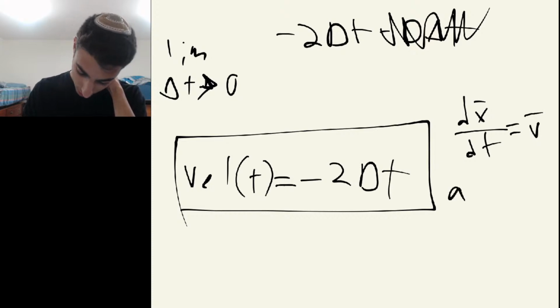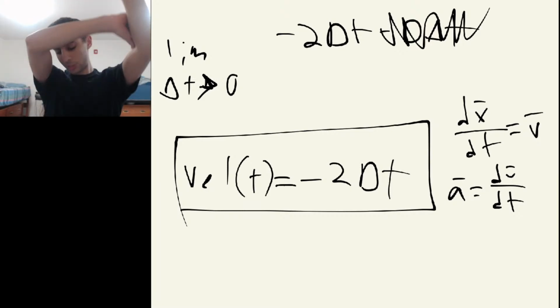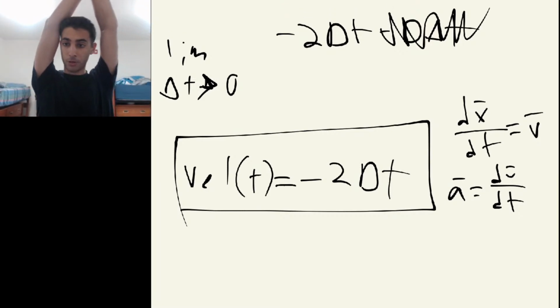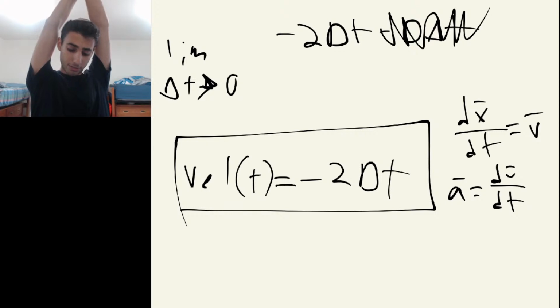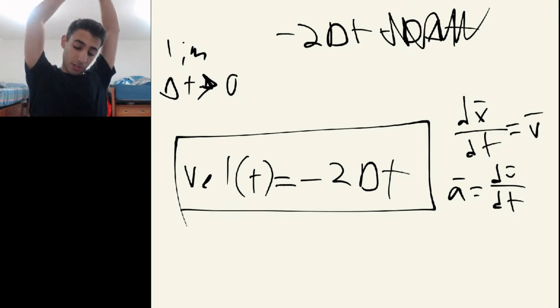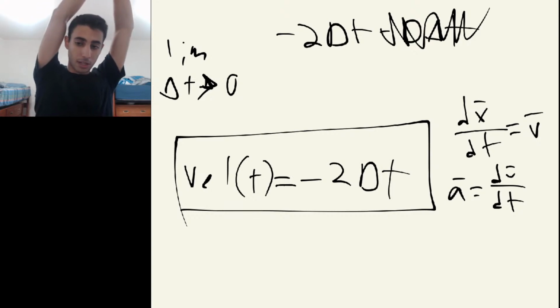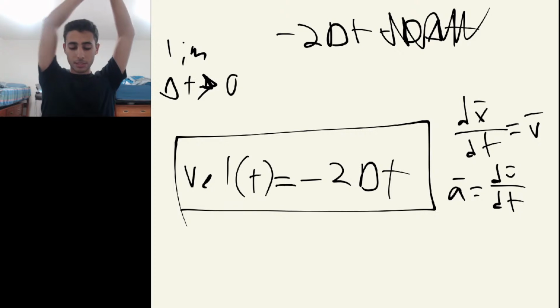And your acceleration, which is also a vector, equals the derivative of v over dt. We've just shown how this is a derivative, if you know your calculus. So the derivative of position is velocity, and the derivative of velocity is acceleration. And if you know what the terms acceleration and velocity mean, that makes sense.